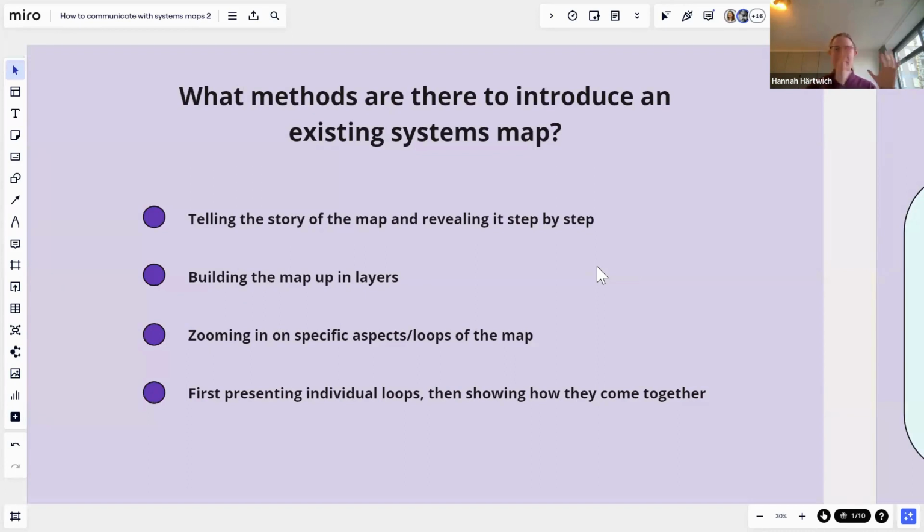Or we might want to zoom into specific aspects or specific loops that we can discuss in more detail. Another way that can work is to first look at key loops present within the map, and then connect these loops to each other. These are just some ways to get people familiar with a map, so that you can then use it as a framework for the conversation that comes after, and together with the group further build upon that draft of the map.